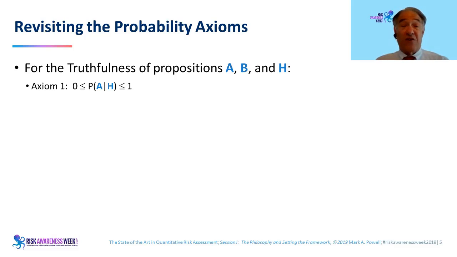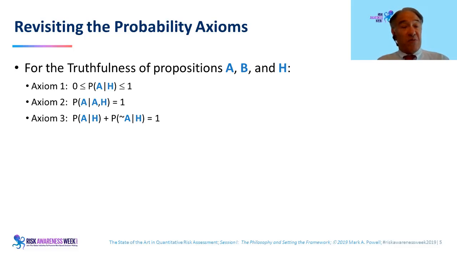These axioms are very simple, but they're very profound. Axiom 2: if something is true, the probability is 1. That's what we define. Axiom 3, the total probability law: the probability that A is true and the probability that A isn't true have to sum to 1. So the total probability is 1.